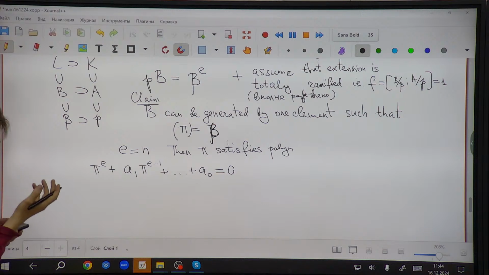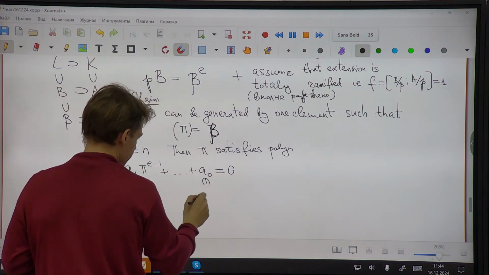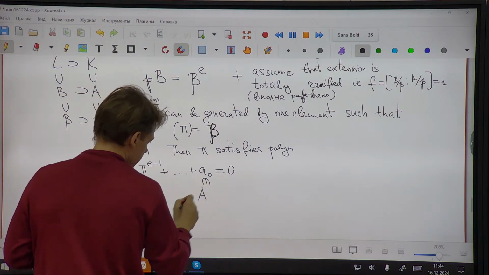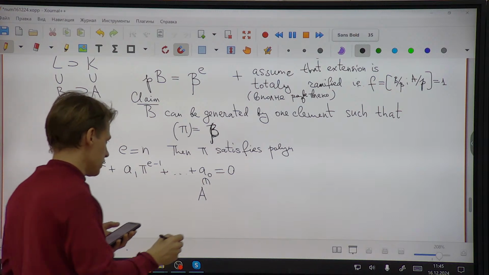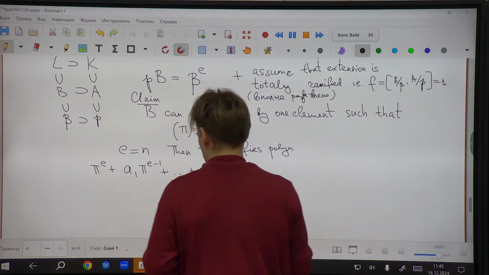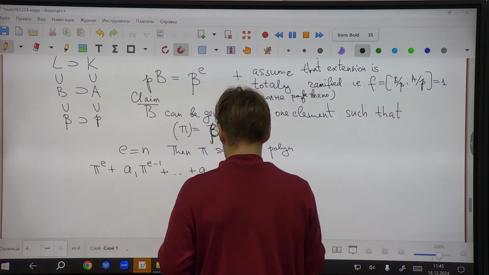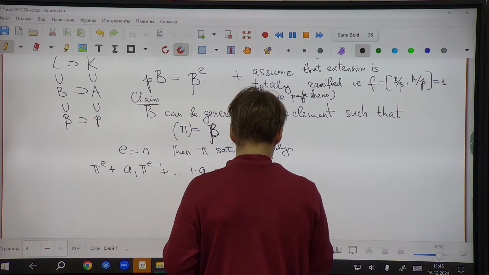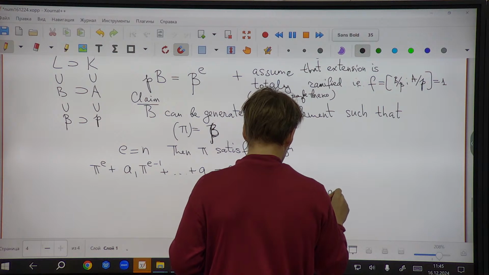First of all, notice that a0 is an element of A, and at the same time it is divisible by P. So writing it down, a0 is minus the uniformizer times the remaining terms.